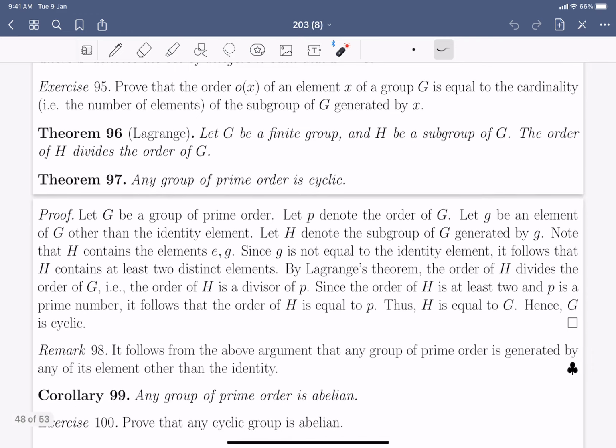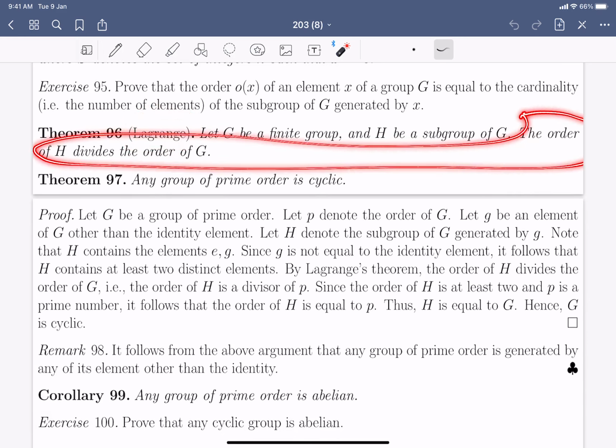There is one important result that we stated in the previous lecture, which is known as Lagrange's theorem, which says that the order of a subgroup divides the order of a group. Of course, it's much safer to assume that the ambient group is finite.